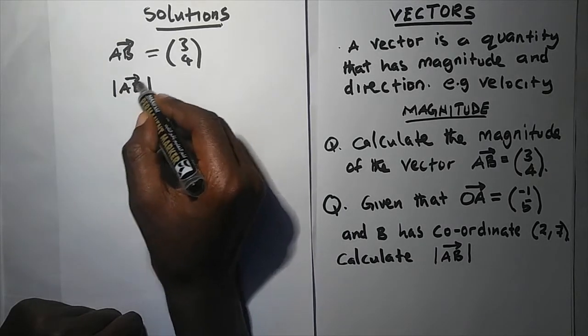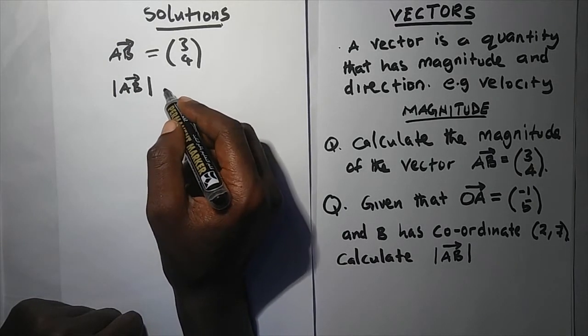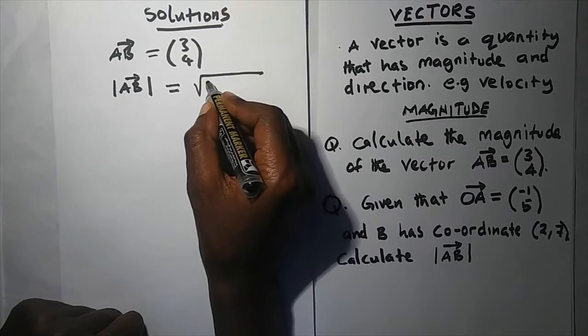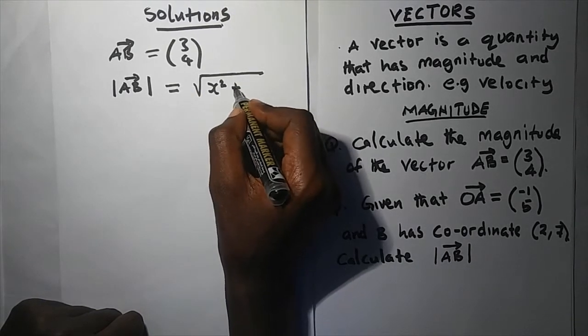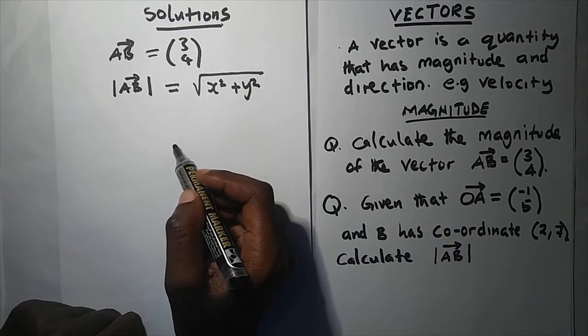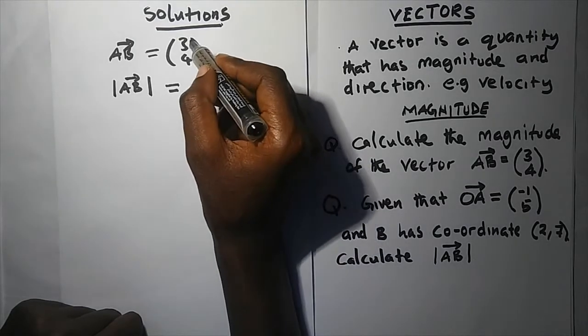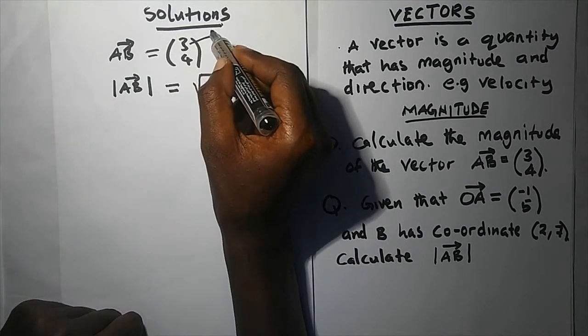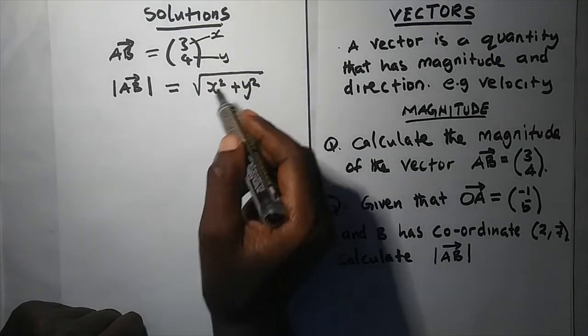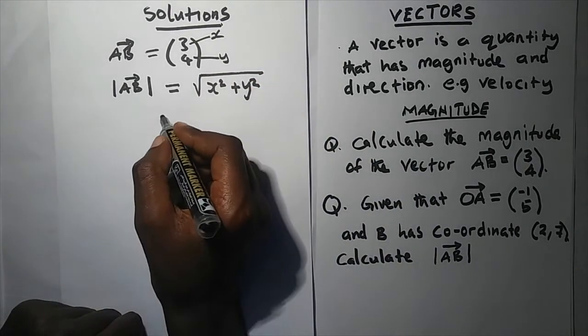These lines that you are seeing signify magnitude. So this is equal to the square root of x squared plus y squared. In our question here x is the number 3, and 4 is our y. So we are going to substitute in this formula.